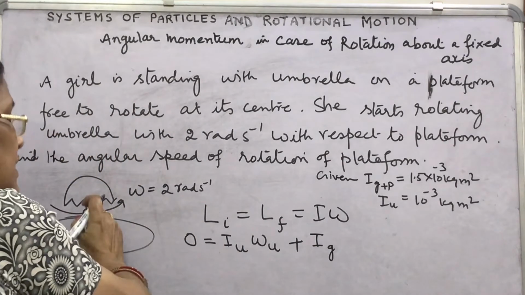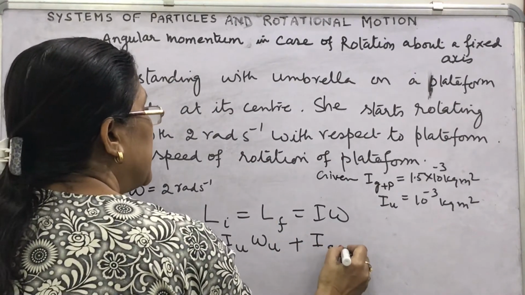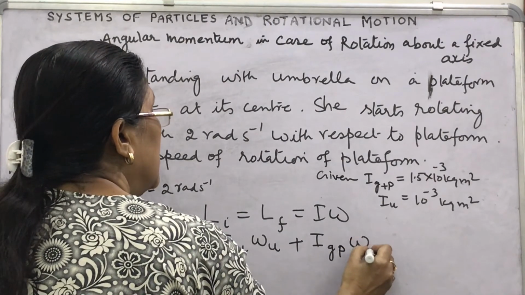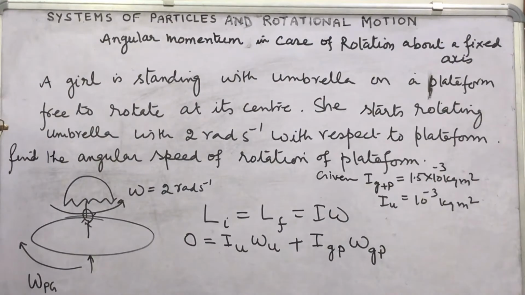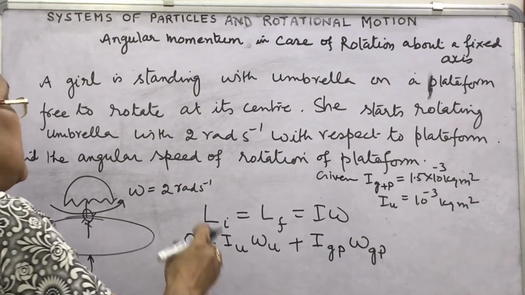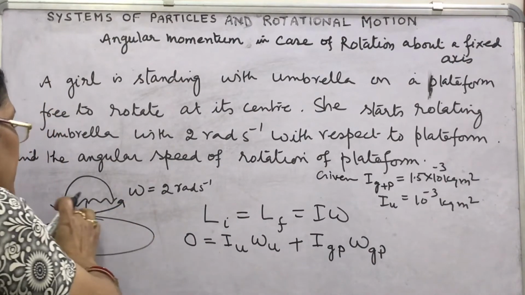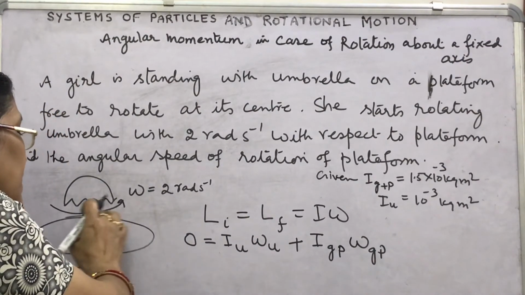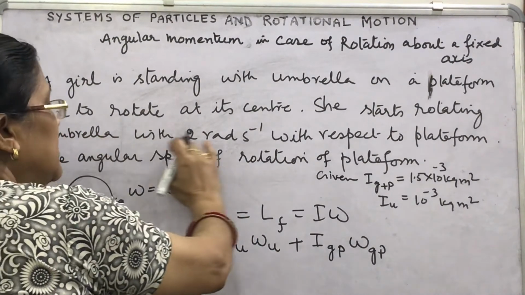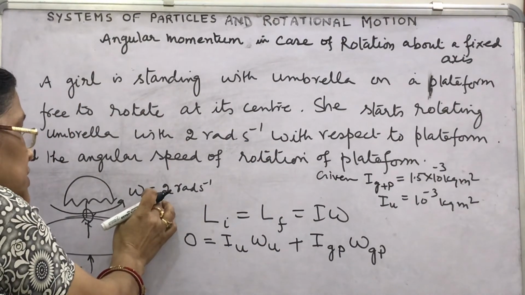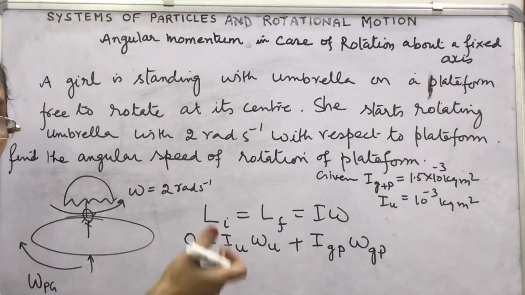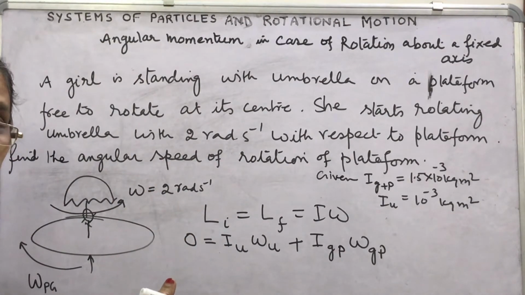She is standing at the platform, so with respect to the platform. Here one thing you should know, that the angular speed of the umbrella is rotating by the girl, she is standing at the platform. So what is this speed with respect to the platform?